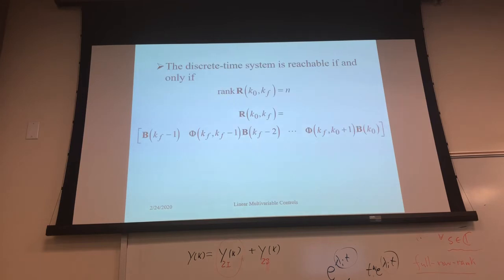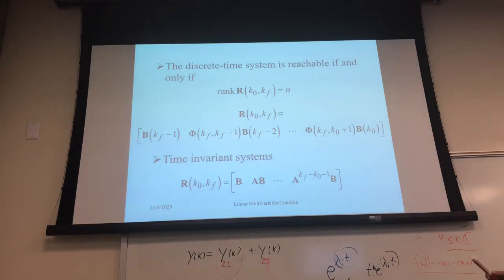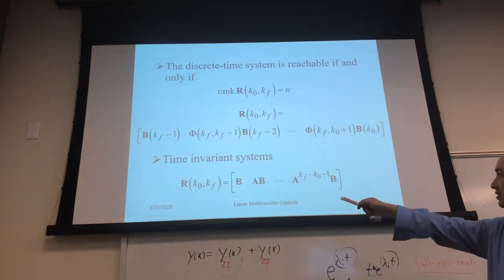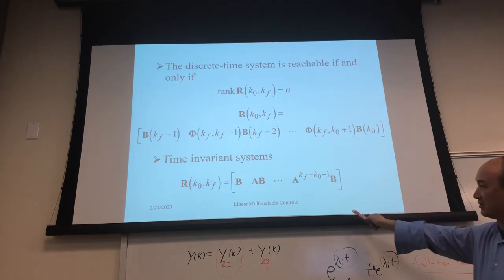So reachability means this R matrix, the B, phi B, and so on, where phi is the transition matrix, okay? This R matrix is full rank, okay? So that's the reachability test. But this one corresponds to the LTI system, time invariant, and looks exactly the same as what we have here.